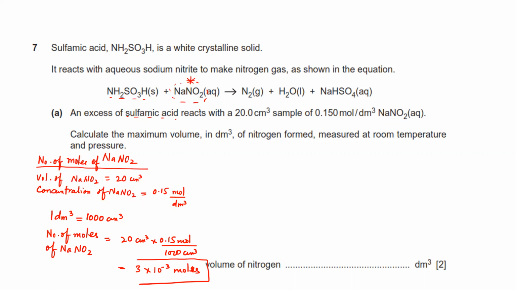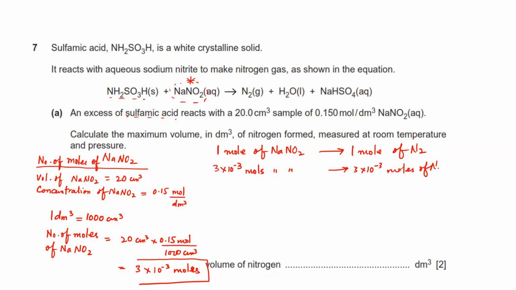From the equation, 1 mole of NaNO2 gives 1 mole of N2 gas. So if we have 3 × 10^-3 moles of NaNO2, we will have 3 × 10^-3 moles of N2. As simple as that. So now we have the number of moles of nitrogen gas. Remember, we are using sodium nitrite because it is the limiting reactant, since it has already told us that the sulfamic acid is in excess.